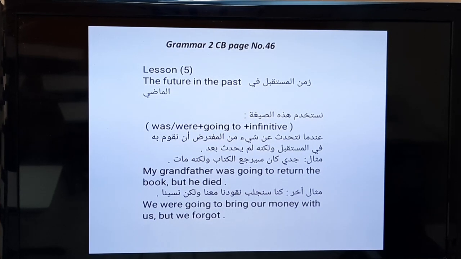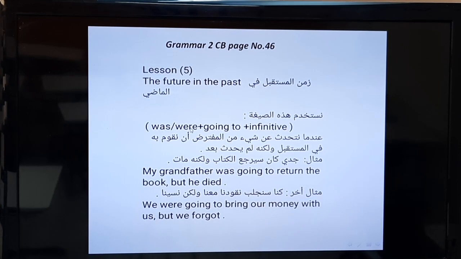Okay. Grammar 2, course book page number 46. Okay, page number 46 talks about the future in the past. Again, this page is for explanation. The future in the past: we have was, were, plus going to, plus infinitive.